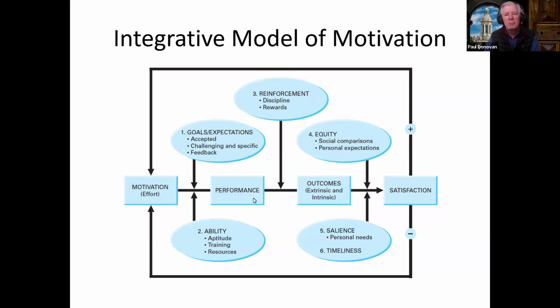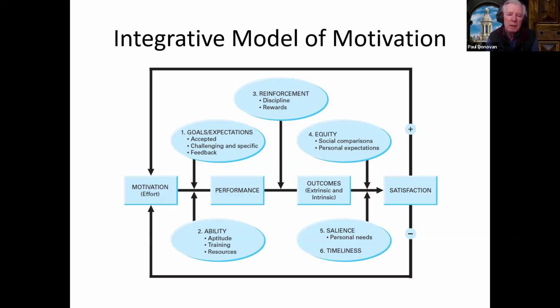The second question is, if I perform, will it lead to some outcomes? Usually this involves the reinforcement theory. The reinforcement theory is basically putting in discipline and rewards. It's really a content theory developed by people like Skinner and Bandura, people who used a fairly old-fashioned behaviorist form of motivation and punishment.